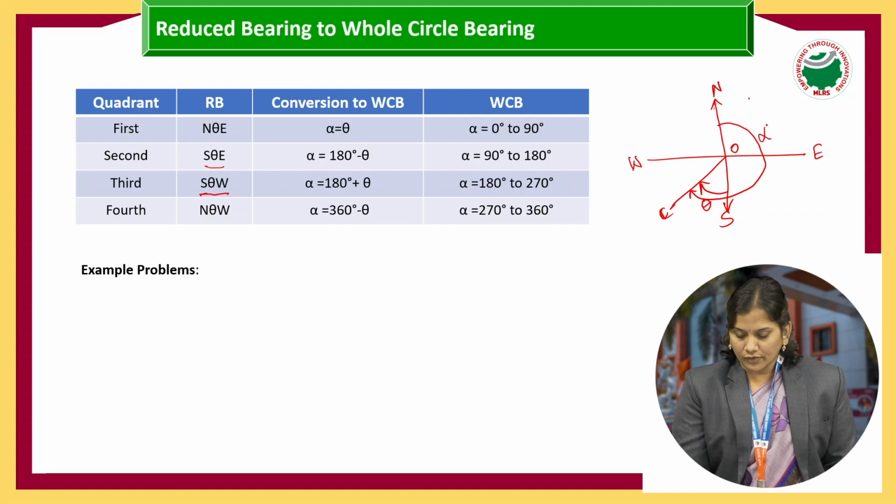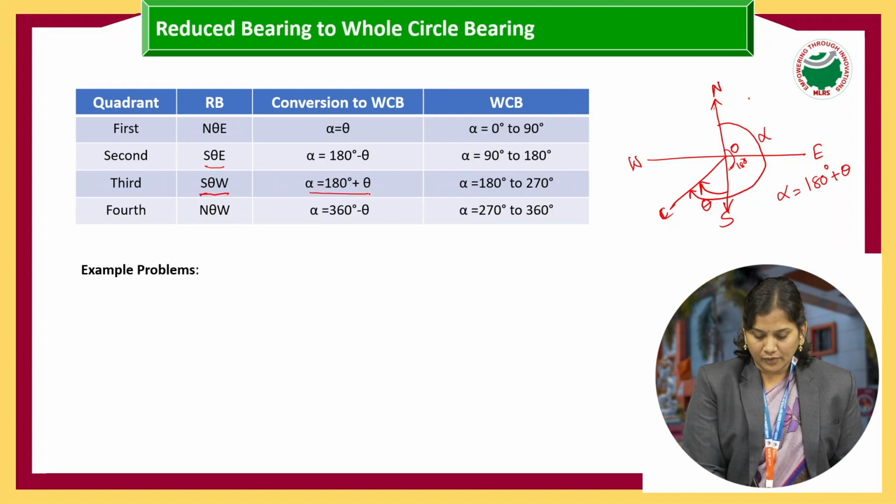We denote it as alpha. How do you calculate alpha? We know this one is 180, so 180 plus theta will give alpha. Alpha equals 180 degrees plus theta. The same thing is given here.